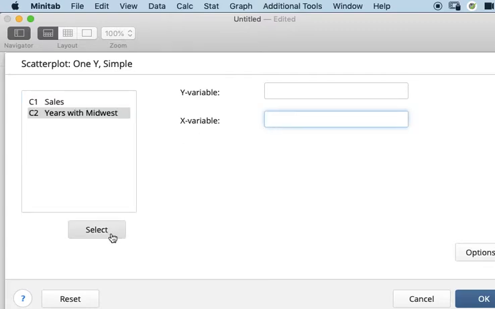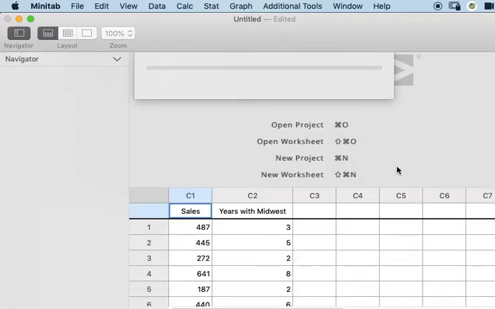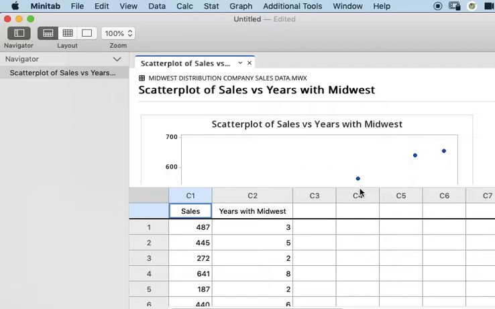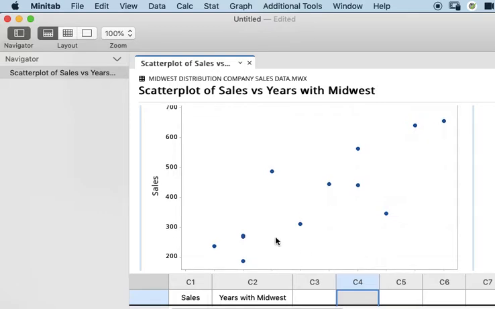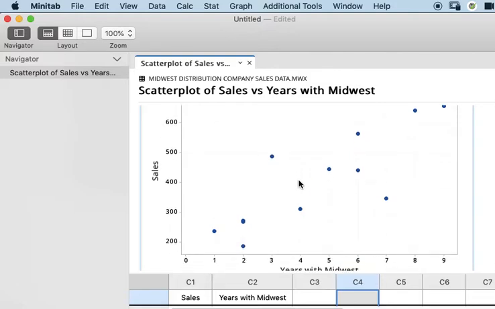So I'm going to put the years on the x-axis and the sales on the y-axis. And then click OK. And here is my scatter plot. So it does look like there might be a slight relationship here. I can kind of see a line with a positive slope. It looks like as number of years increases, sales will increase.